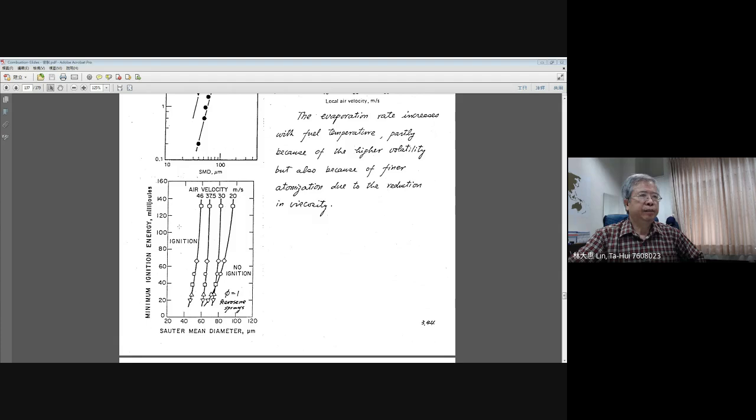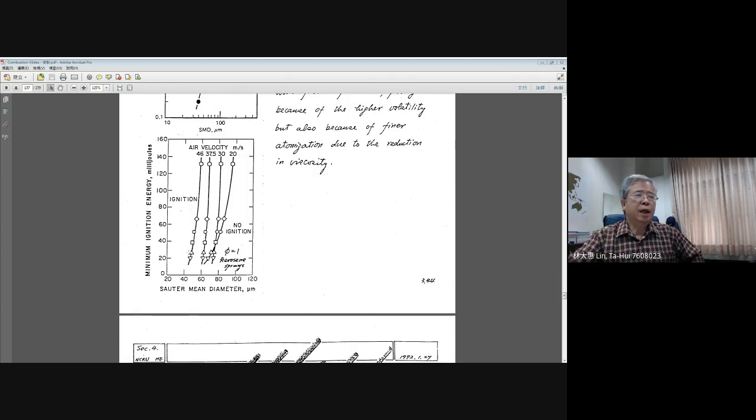That means they go to a narrower range. You require a smaller Sauter diameter to achieve ignition, because higher air velocity carries more heat out of the ignition region.